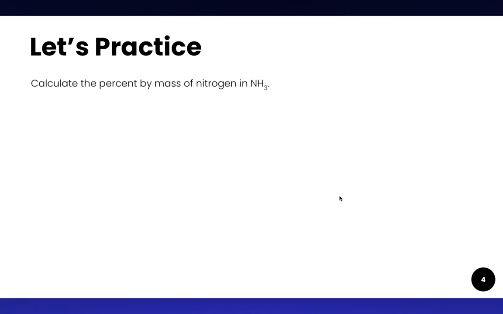Okay, let's practice again. Calculate the percent by mass of nitrogen in NH3. So this is the other example. We're going to have to find the mass of nitrogen and the mass of the entire molecule. So nitrogen, I'm checking my periodic table, I see that its mass is 14.0 grams per mole.